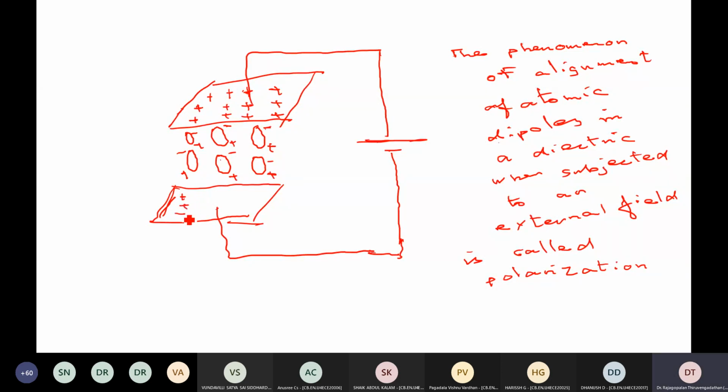Sorry, this one is actually positive charge, so definitely here this plate will become negative. So you have two plates: the plate connected to the positive of the DC source gets positive charge, and the plate connected to the negative of the DC source gets negative charge.